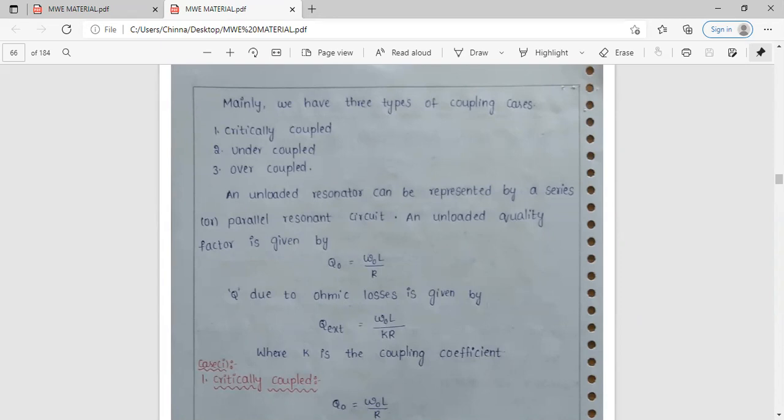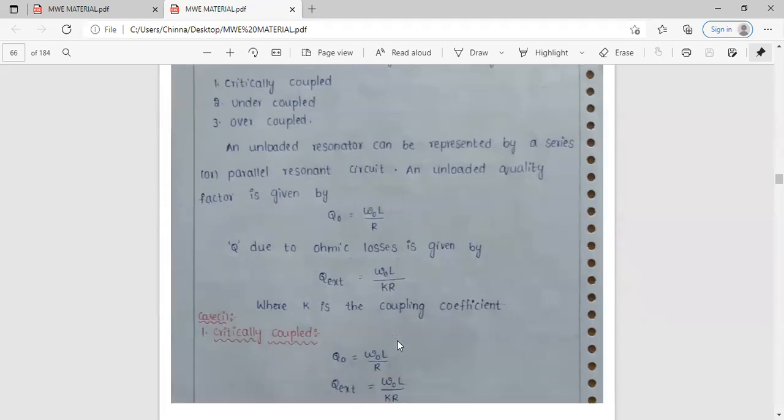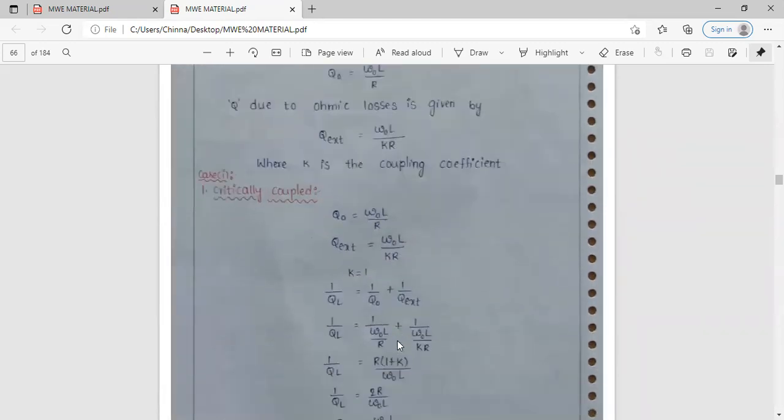K is the coupling coefficient. So ఇక్కడ మనకి ఈ కండిషన్స్ ఇక్కడ వస్తున్నాయి, కండిషన్స్ ఫార్ములా వస్తుంది ఇక్కడ. కానీ అన్లోడెడ్ రెసినేటర్ అనేది కన్సిడరేషన్ తీసుకుంటే అన్లోడెడ్ క్వాలిటీ ఫ్యాక్టర్ వచ్చేసరికి Q నాట్ తీసుకుంటాం. ఎక్స్టర్నల్ ఓమ్నిక్ లాసెస్ వచ్చేసరికి Q external is equal to omega naught into L by KR. So here K is the coupling coefficient.